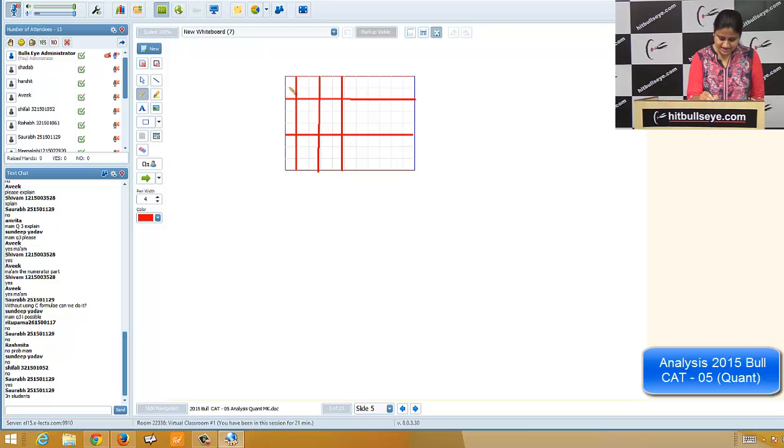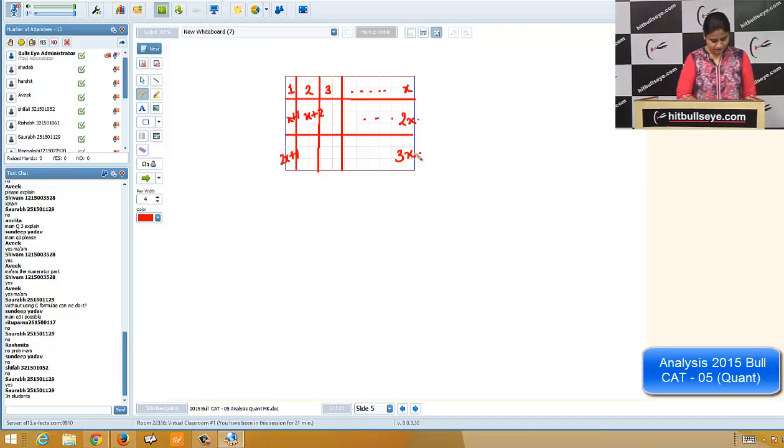So we are starting with 1, 2, 3 and so on up to, we don't know the end number, let it be x. So we are starting with x plus 1, x plus 2 and so on, which will end in 2x. Now we'll start with 2x plus 1, which will end in 3x.